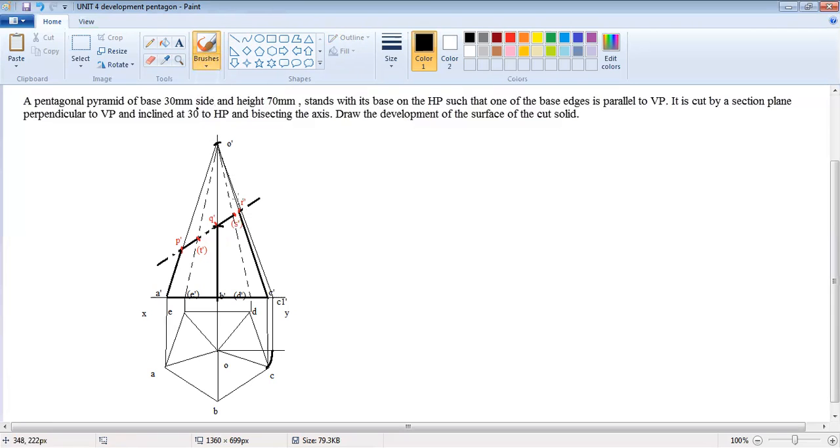So measure O from C1 dash and draw an arc by using compass. Measure O dash and C1 dash and draw an arc by using compass.